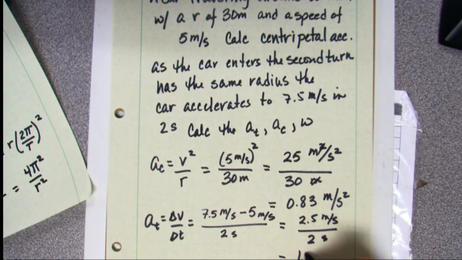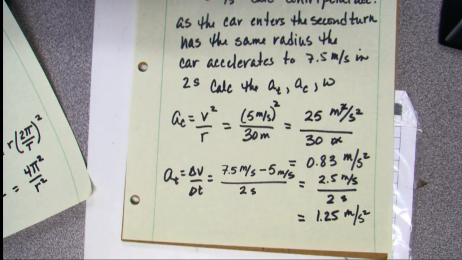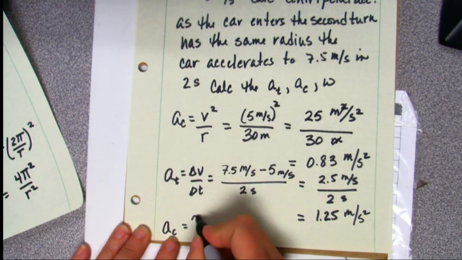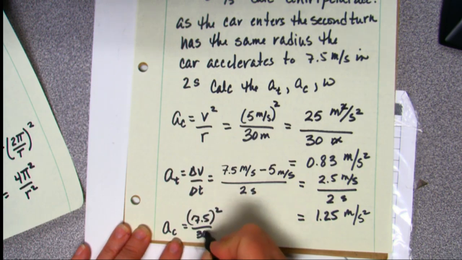That's going to give me 1.25 meters per second squared. I need my new centripetal acceleration. That's 7.5 squared divided by my 30 meters.